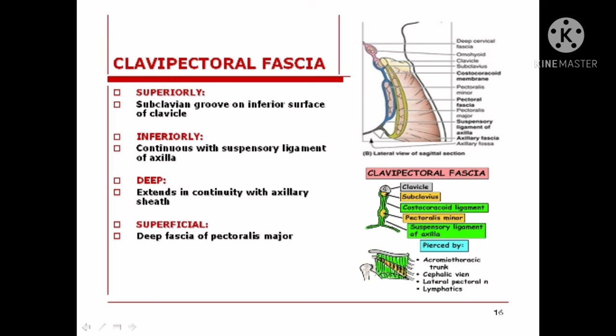It comes from above, from the deep fascia of the neck, the cervical fascia, and it encircles the clavicle along with the subclavius muscle, then the costocoracoid ligament, and then the pectoralis minor muscle, and then it forms a strong band called the suspensory ligament, and it goes toward the pit of the axilla, from the axillary fascia.